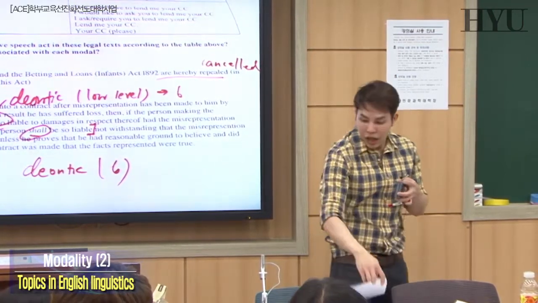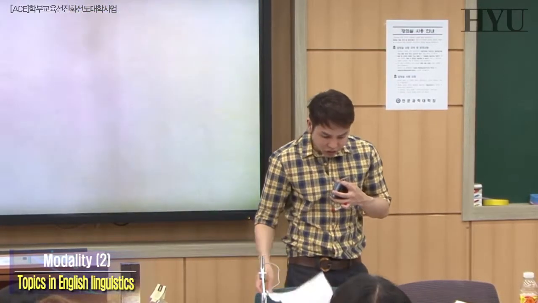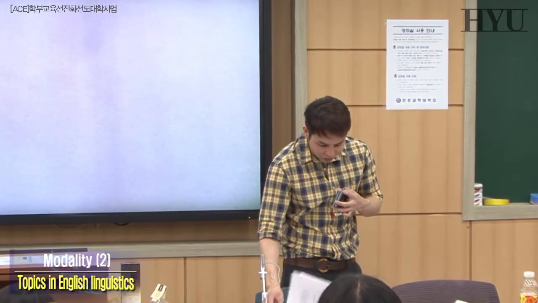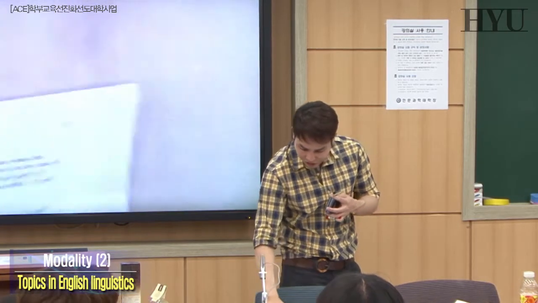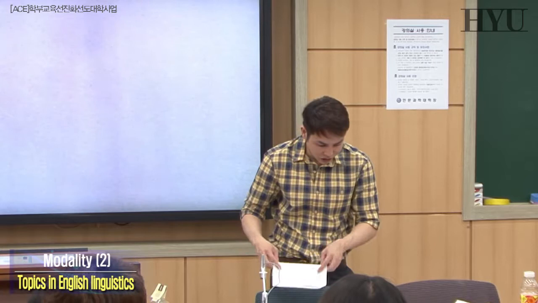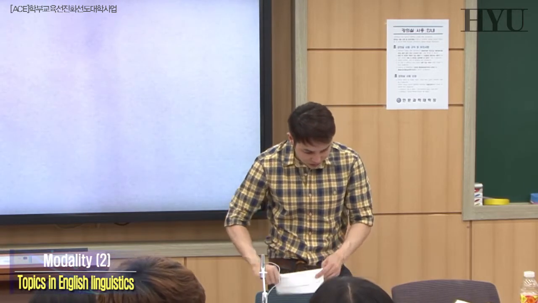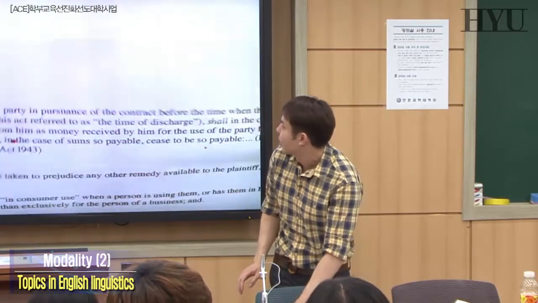So far so good. Let's look at number 3. Number 3 is shorter, so you should have less difficulty identifying the main clause. Where's the main clause in number 3?